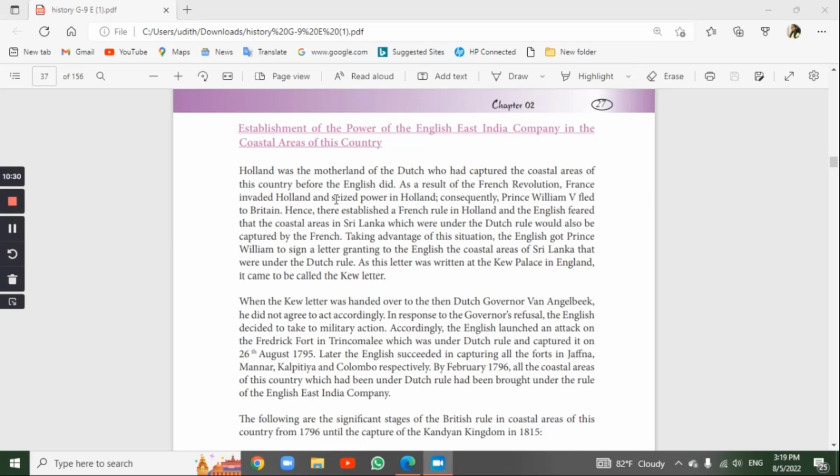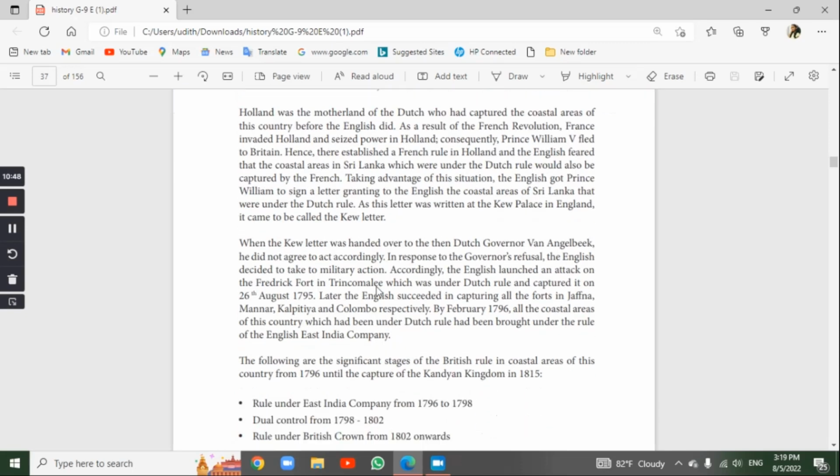So William V signed a letter in Kew Palace in England for the English. We call this the Kew letter because it was signed in Kew Palace in England. This letter was to be handed over to the Dutch governor Van Engelbeck, who was the governor of Sri Lanka at that time.